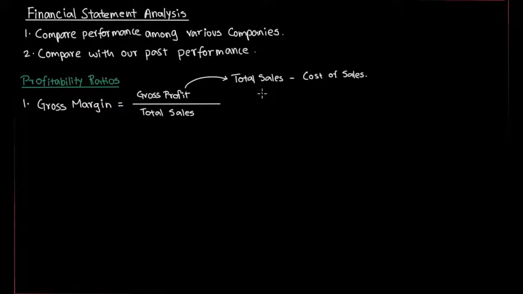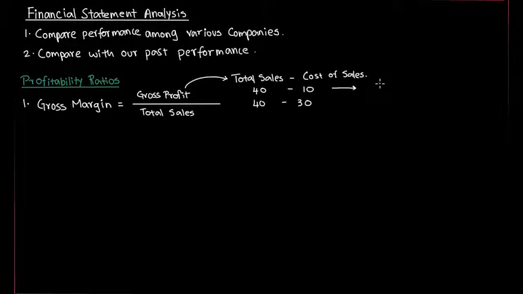Let's say, for example, total sales is about $40 and cost is 10. In another case we have 30. When we subtract that in the first scenario, we get about 30.